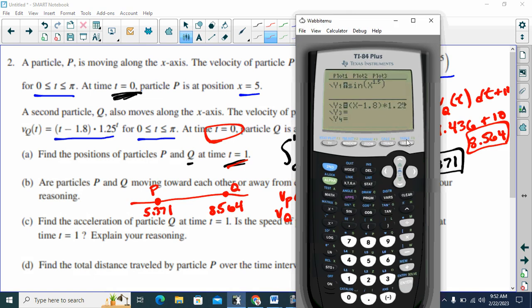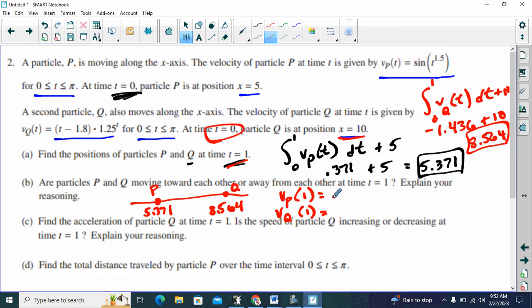If we look at the table, because we graphed velocity, we should be able to find the velocity of point P to be 0.841, and the velocity of Q was -1. So that tells us that P is moving to the right because it has a positive velocity, and Q is moving to the left because it has a negative velocity.